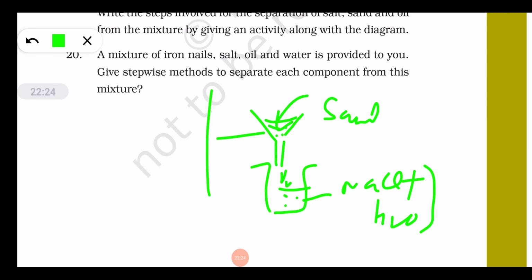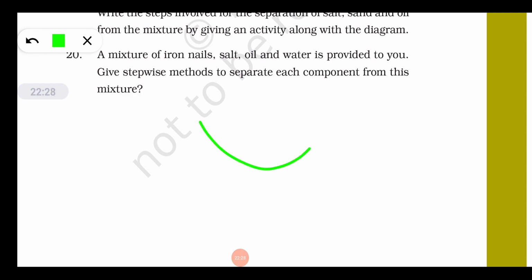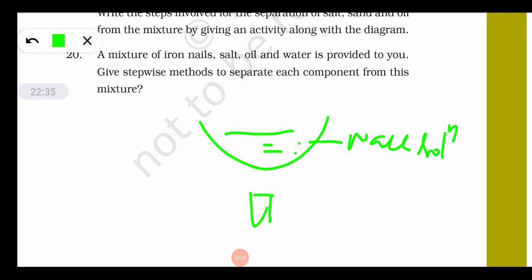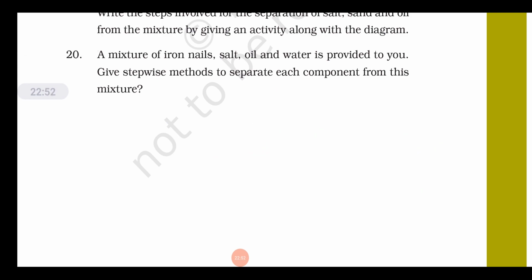Now in the third step you have to remove the salt from water. So this salty water means NaCl solution you will put on a burner and tripod stand. Then all the water will get evaporated, and at the bottom you will get salt crystals. So this is how we can separate all the 4 components.